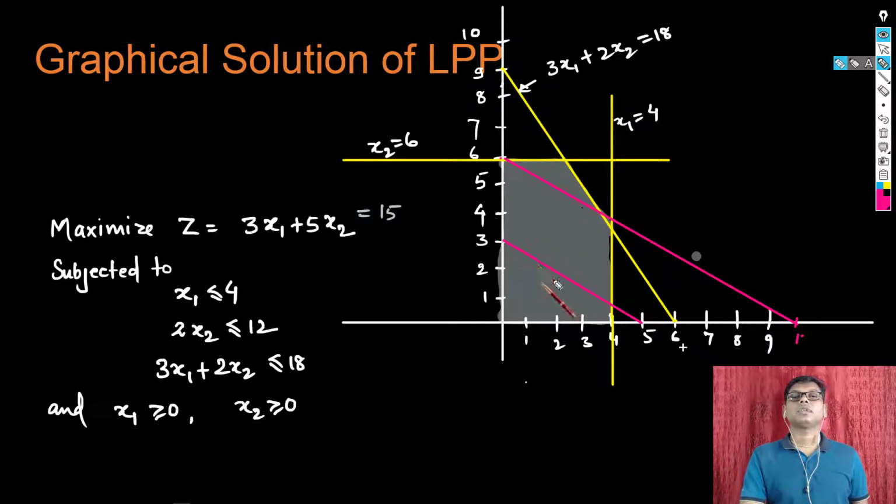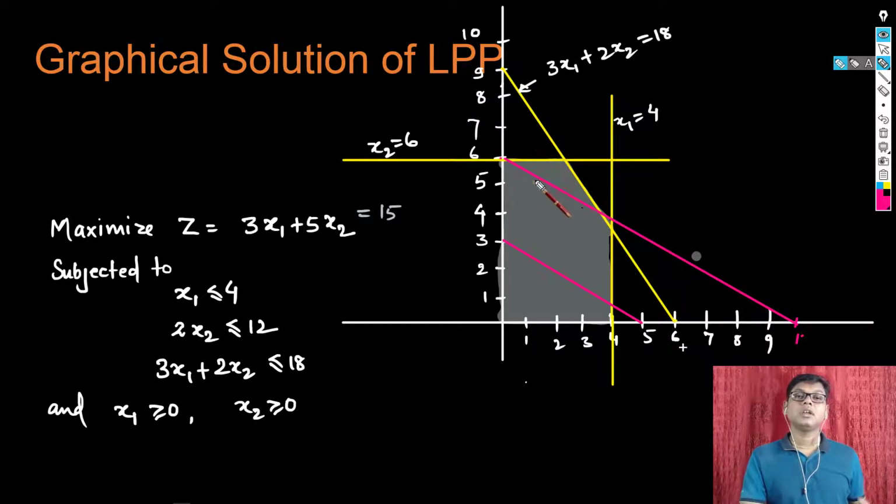Okay, so here you can see this is not the optimum value, z is equal to 30. Why? Because above this also some points are there where you will be getting more than 30 value. So what we have to do, just we have to translate parallelly in this direction.